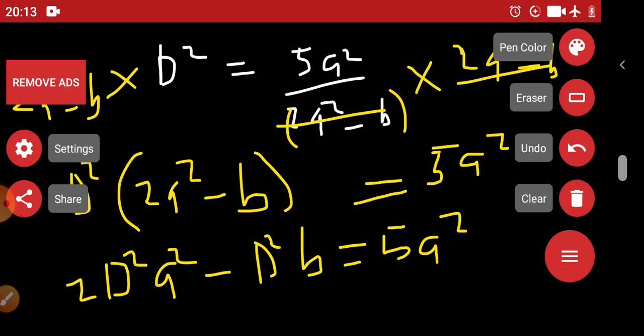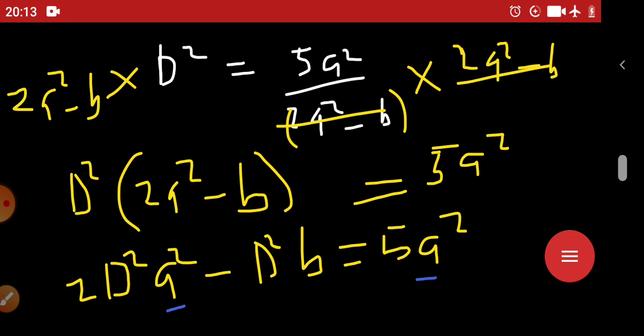So as you can see, there's an a squared here and an a squared here. So either we take this to that side, or we take that to that side. But let's take the 5a squared that side. So how do we do that? We subtract 5a squared both sides.